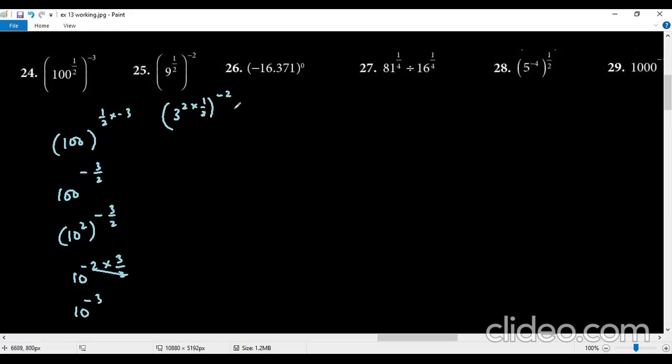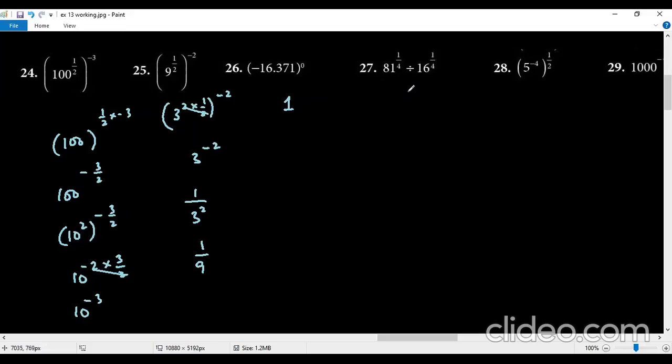That means 2 and 2 get cancelled. So 3 to the power negative 2, that means 1 over 9. Or before that, you can write 3 square as a positive, and 1 over 9 is going to be the final answer. As I told you, anything power 0 is equal to 1.